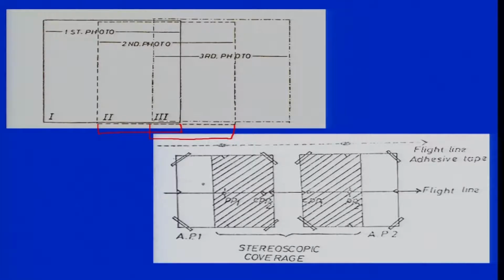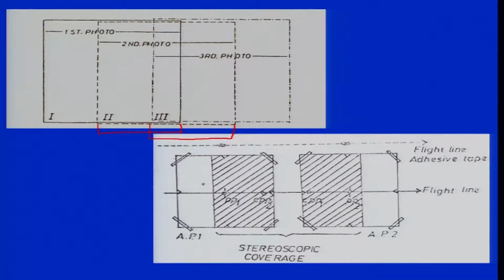And we will now look at a few more important points about what exactly this photograph can tell us, and how, in the upcoming lectures, you can even measure the height of any object, because you will be able to view the object in 3 dimensions.